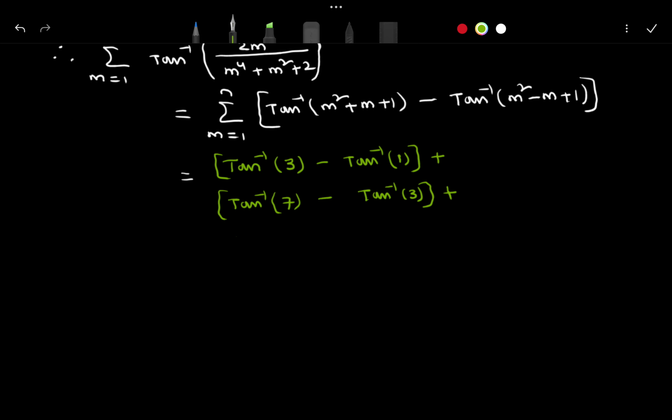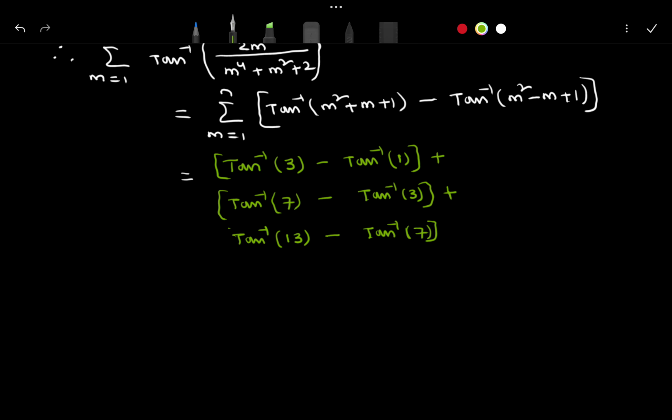That is equal to tan inverse of 3 square is 9, 9 plus 3 is 12, 12 plus 1 is 13, tan inverse of 13 minus tan inverse of 9 minus 3 is 6, 6 plus 1 is 7. So this value will be 7.